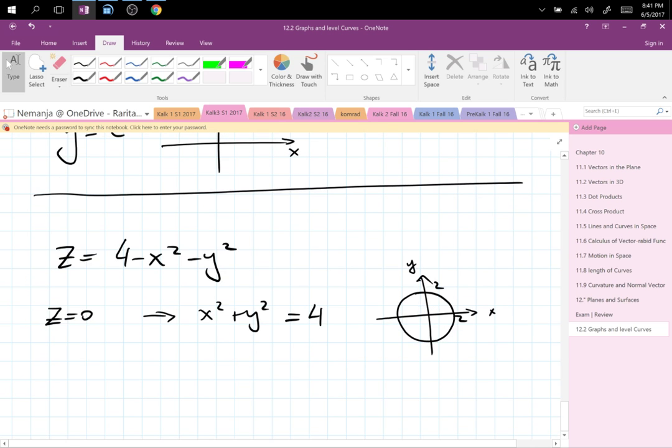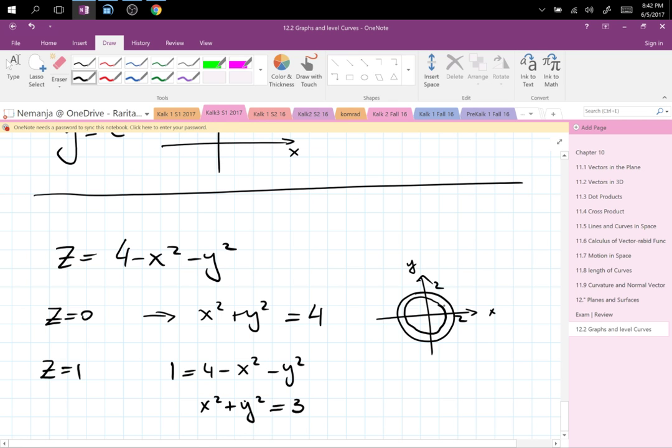And then what happened is, let's try cut with z equals 1. When you cut with z equals 1, you are just plugging that into the original problem. You get 1 equals 4 minus x squared minus y squared. And then when you move things around, you get x squared plus y squared equals 3. Well, that's just going to be a circle with radius root 3, so that's inside.